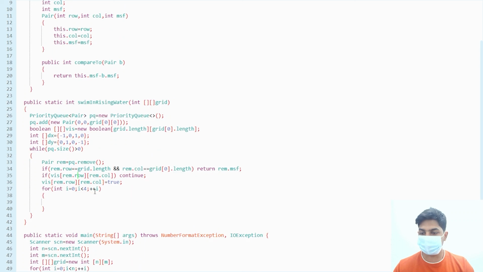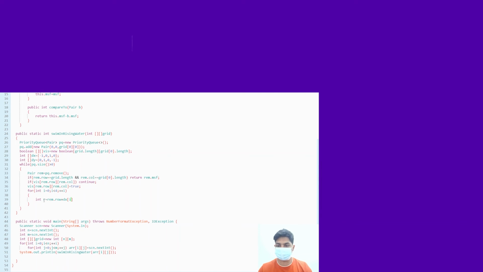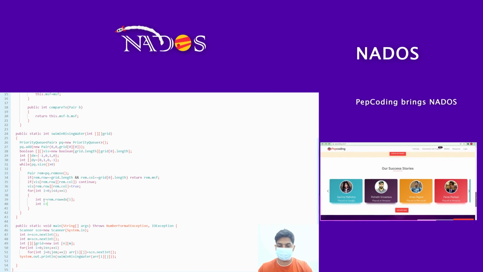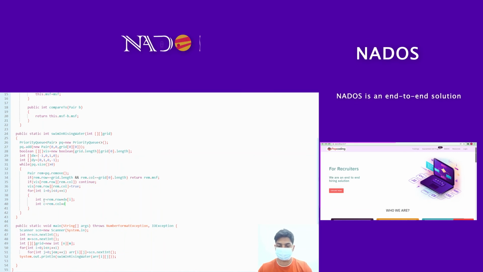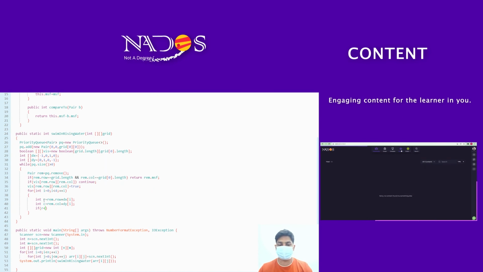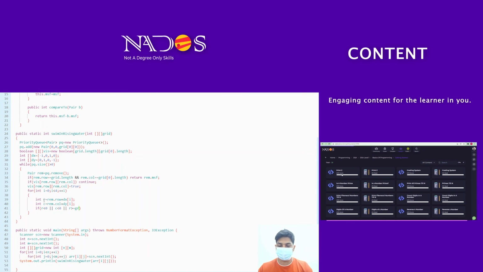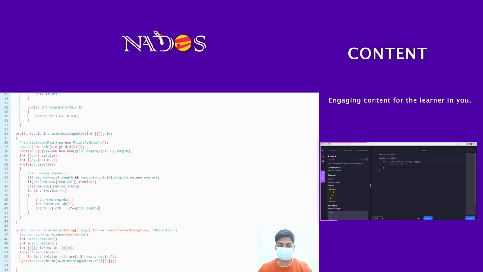Okay, so now let's explore. New row will be removed element dot row plus dx of i. New column will be removed element dot column plus dy of i. Now we will check if this is out of bound: if row is less than 0 or column is less than 0 or row is greater than or equal to grid dot length, or column is greater than or equal to grid of 0 dot length.